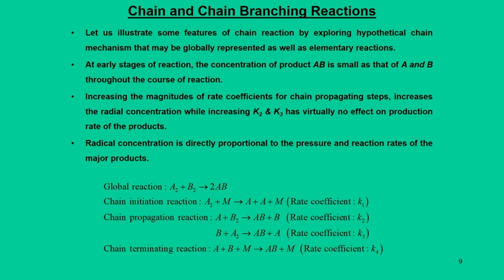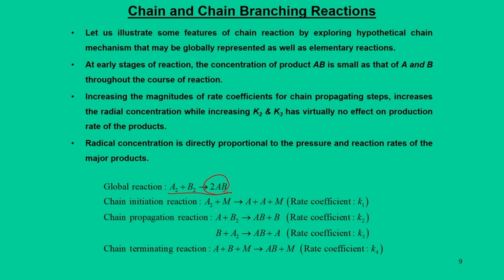Then, moving further, let us understand how to illustrate or view chain initiation and chain propagation mechanisms. If you look at a global reaction, A2 plus B2 in general gives 2AB, it is a hypothetical reaction, and for this 2AB formation there may be a sequence of events.